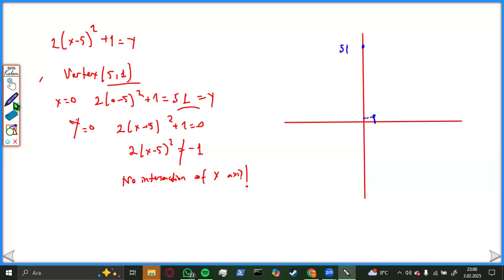So yes, let's draw the function. This is the function. As you can realize, the vertex is (5, 1), and no x-intercepts. Okay.